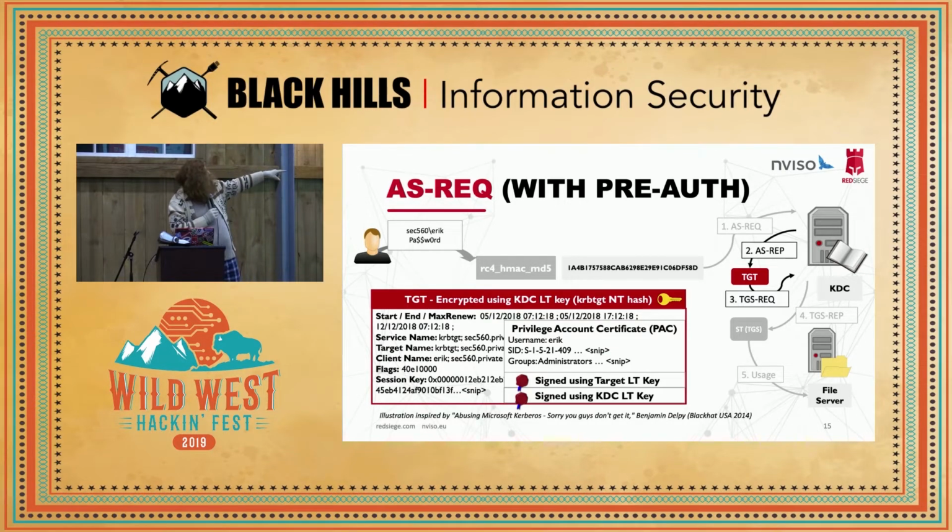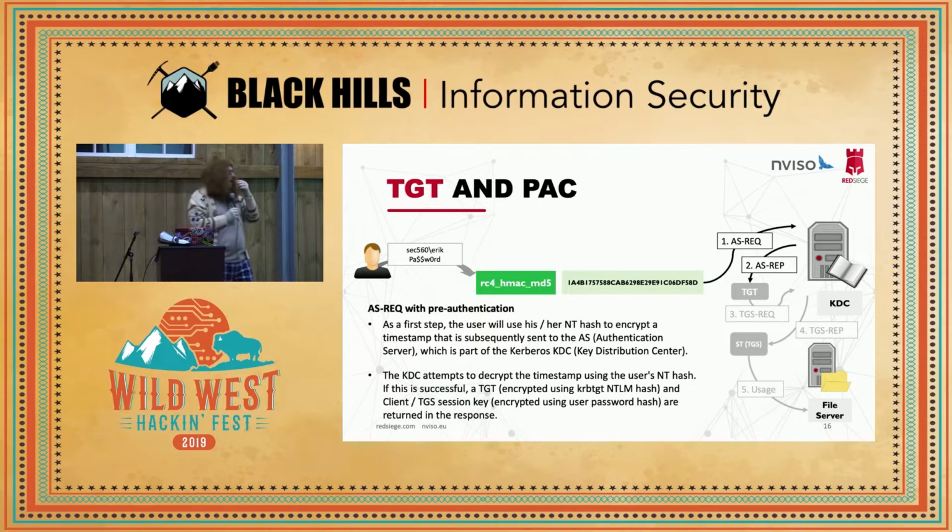We then use the ticket granting ticket to request the ticket for the target service. Now, inside of that ticket granting ticket, there is also a PAC that tells the information all about me. And if I can create my own ticket granting ticket, what I could do is replace that PAC just the same. And we'll talk about that with one of the attacks here in just a little bit.